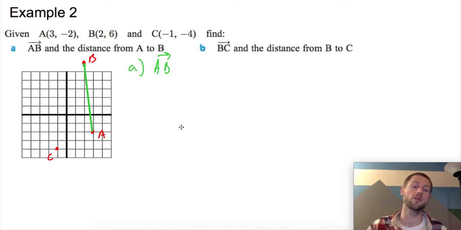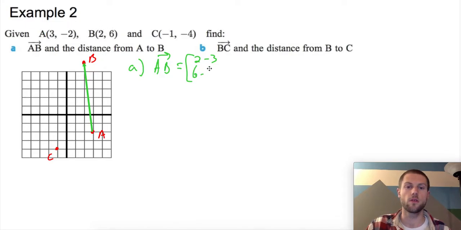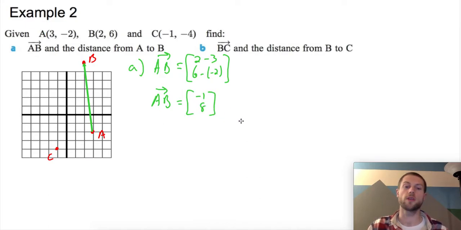So I'm going to go with what's easy, the component form. This is going to be given as 2 minus 3. That's my horizontal step from A to B. And then I'm going to take 6 minus -2. That is my vertical step from A to B. So that vector AB is given as -1, 8. So that part is done.